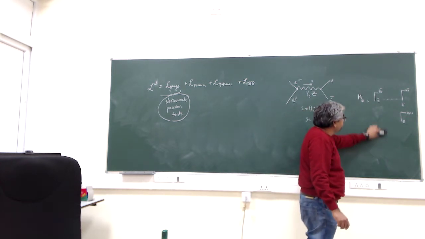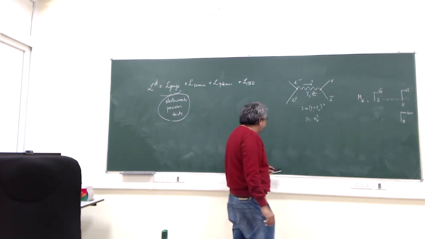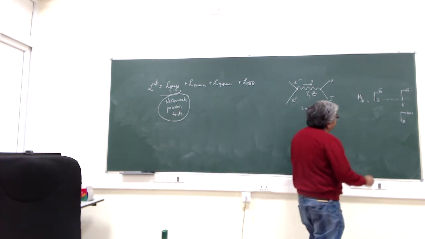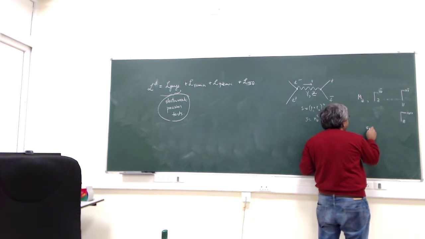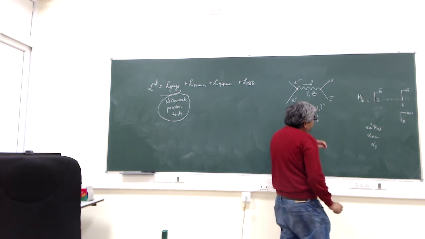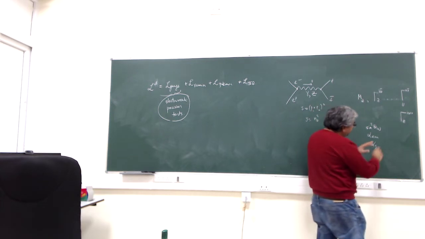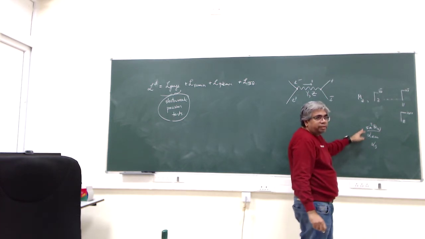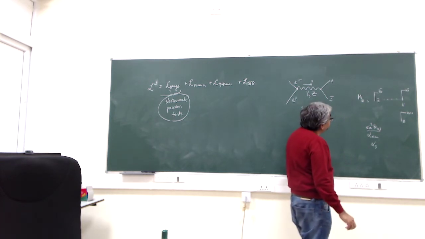Not just the partial widths of Z. You also have sin square theta W, you have alpha N, you have alpha S. There is actually not alpha S, but some parameter associated with alpha S. Sin square theta W is the weak mixing angle. This is also one more observable.